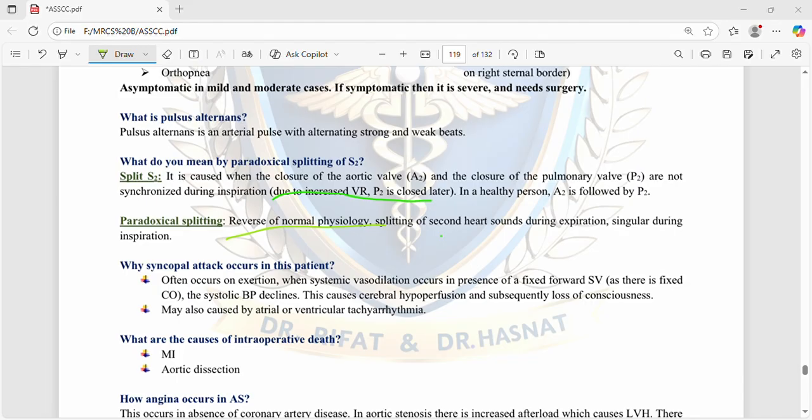So what happens is that in expiration the two sounds come close together.